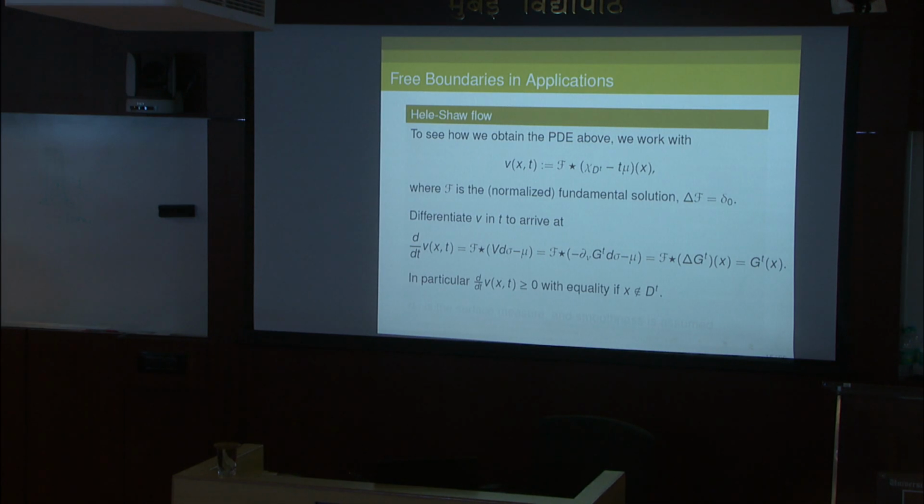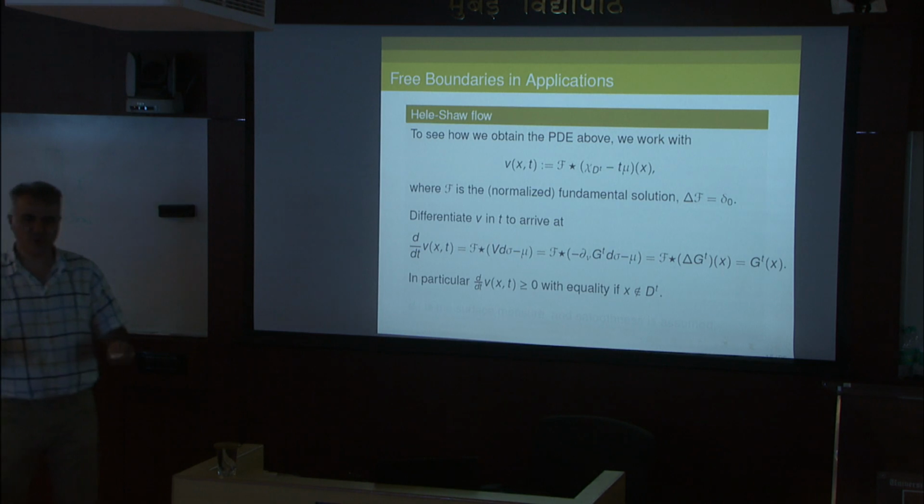If you take the Laplacian of the Green's function, we said it's going to be a measure if you're inside the domain. But what happens outside? It's 0. What happens on the boundary? There is another measure on the boundary, plus something on the boundary of it.